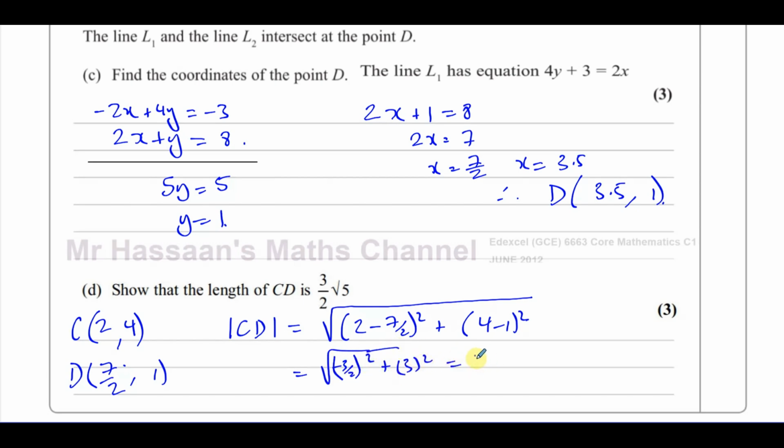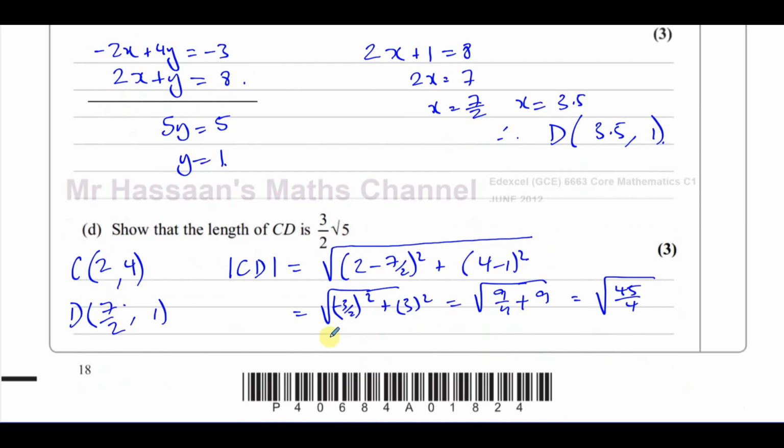Okay, so that's going to give you the square root of 9 over 4 plus 9, not minus, plus of course. So 9 over 4 plus 36 over 4, which is 45 over 4. Okay, so we've got the root of 45 over 4 has to become this.